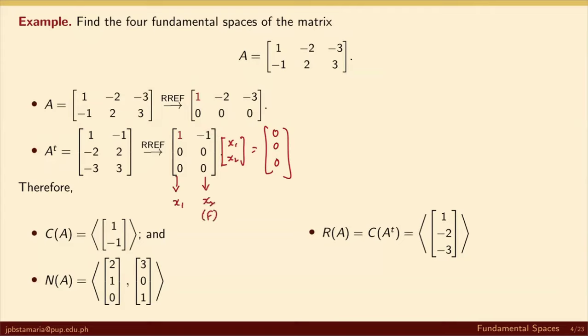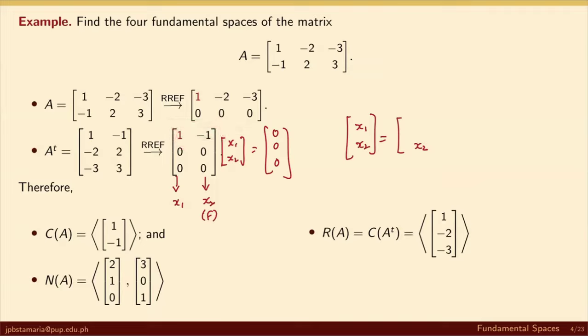So we find that x2 is a free variable. If this vector represents your typical vector in the left null space, then x2 is free, so we'll just write it down. While x1, when you look at the first row, is equated to 0.